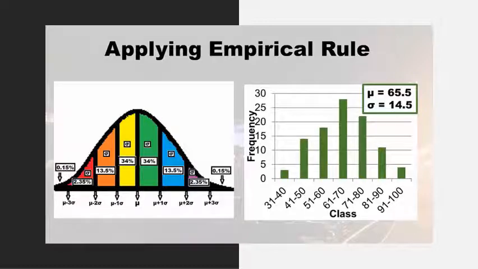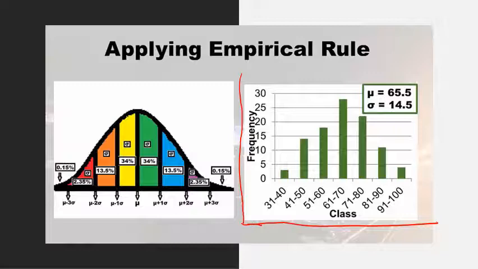Now let me show you how you can apply this empirical rule to an actual frequency table, or data that you actually have. We're going to use our classroom example of student grades.